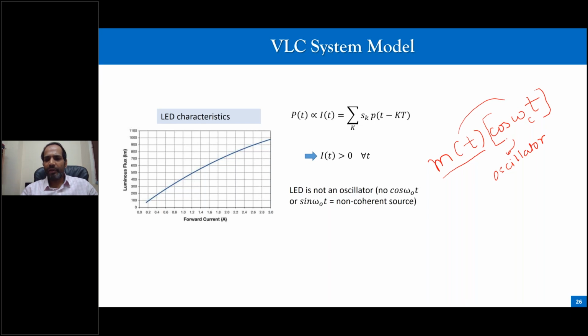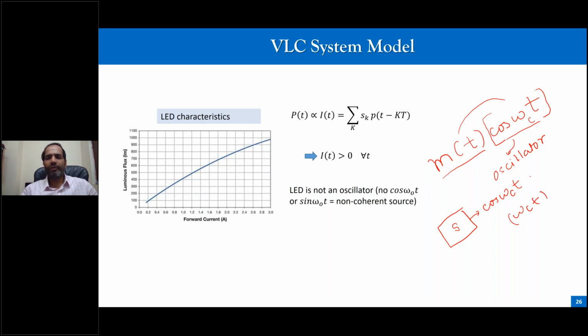Now let us concentrate on the oscillator, something that produces cos omega_c t. If I ask you what is the phase of this signal, the phase of the signal is omega_c t.